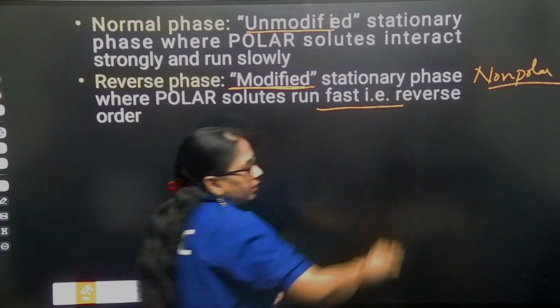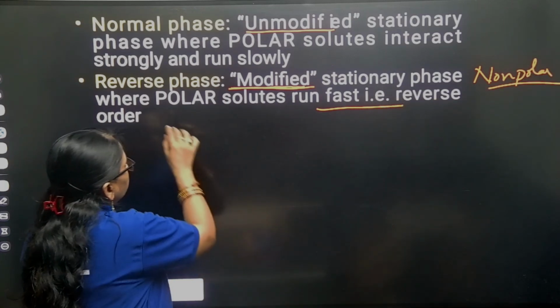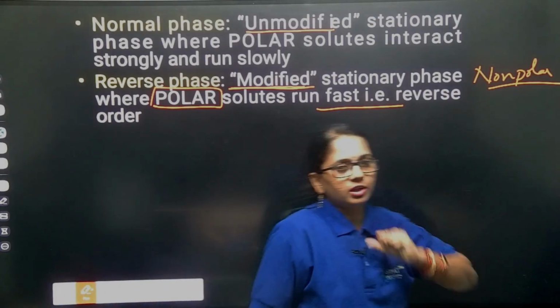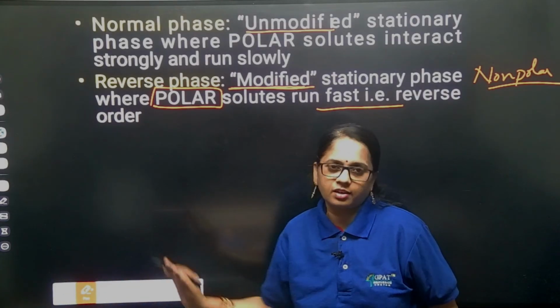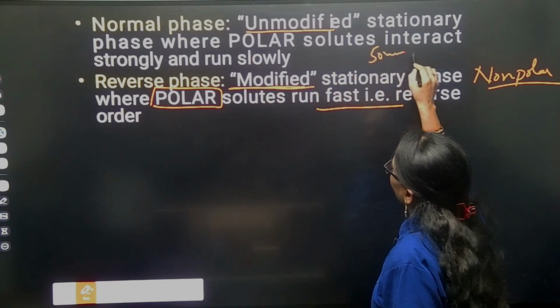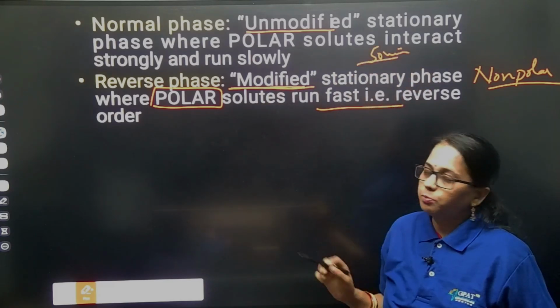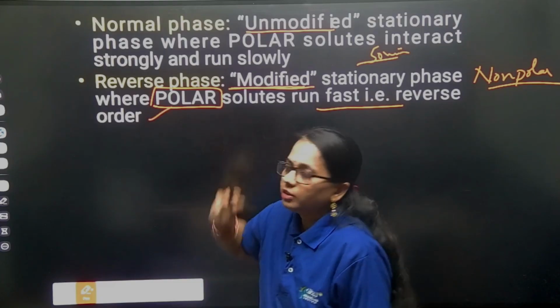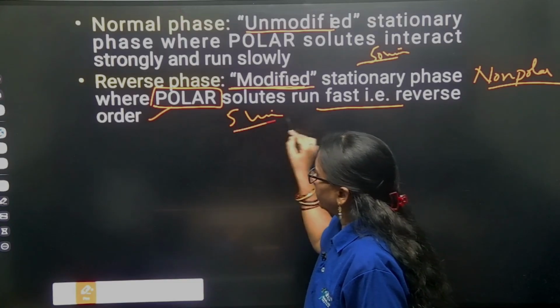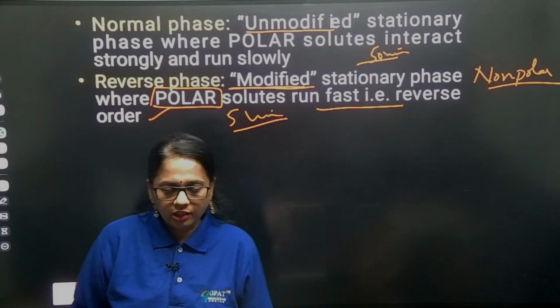Thereby we are going to elute the polar solutes on the non-polar stationary phase at a very fast rate. So if you find a 50 minute runtime in the normal phase mode, the same polar solutes you can run in the reverse phase mode within 5 minutes. That means you are going to see very fast elution in the reverse phase mode.